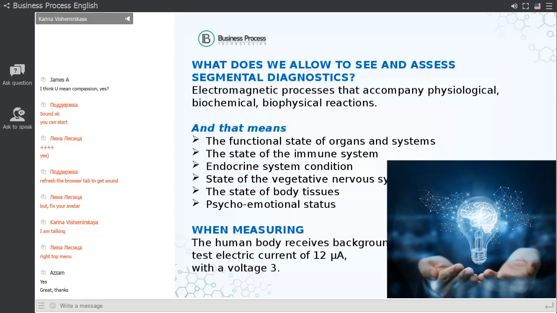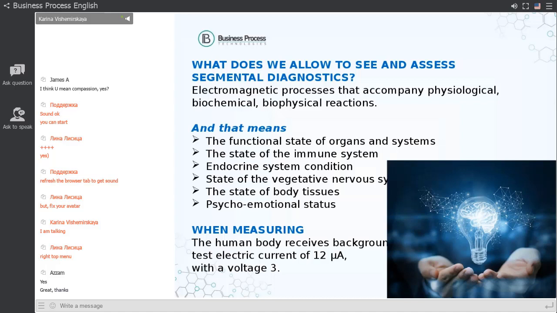These are the functional state of organs and systems, the state of the immune system, the state of the vegetative nervous system, the state of body tissues, and the psycho-emotional state. And we also need to remember that during the test, when we're measuring, the human body receives a background test electric current of 12 microamps with a voltage of 3.